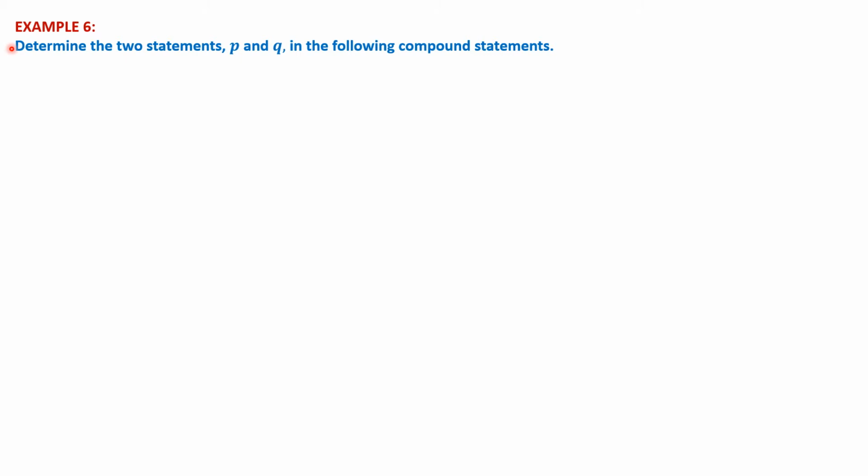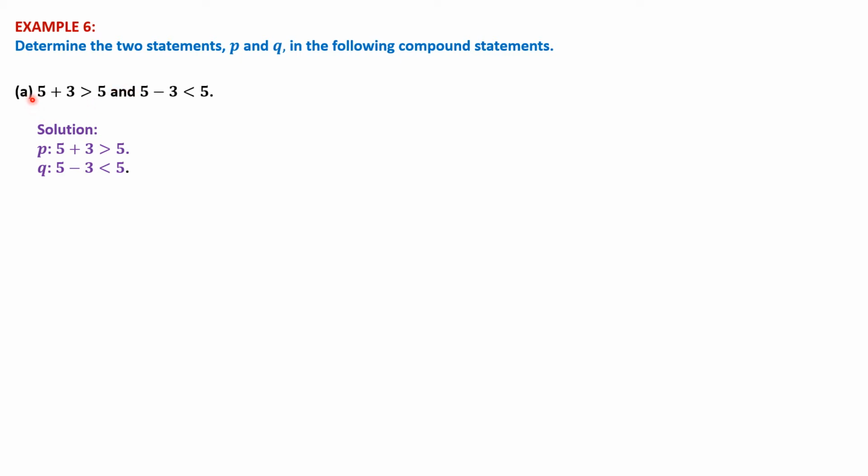Now we look at example 6. Determine the two statements P and Q in the following compound statements. If I give you a compound statement, how do you write the compound statement into two statements?